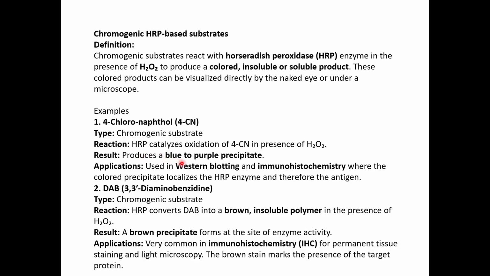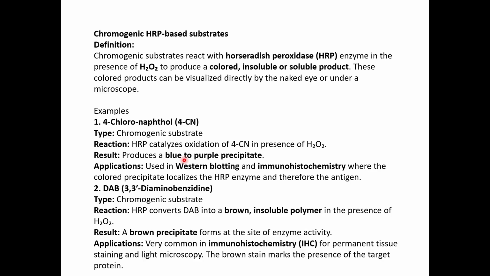This results in a blue to purple precipitate, and it is widely used in methods like Western blot, immunohistochemistry, etc. So, the colored precipitate then localizes the HRP enzyme and therefore the antigen, so we can quantify the presence or quantity of the antigen present based on the color intensity or the presence of the color.